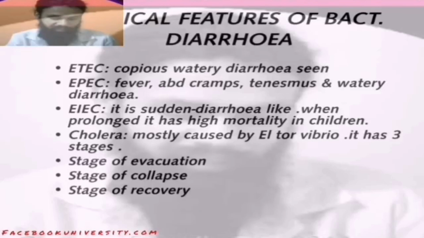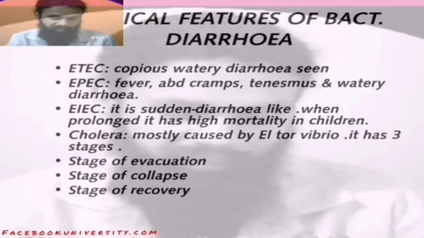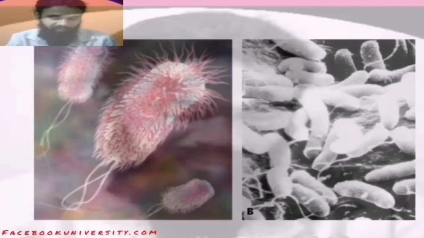Cholera has 3 stages: a stage of evacuation, a stage of collapse, and a stage of recovery. So these are some bacilli.